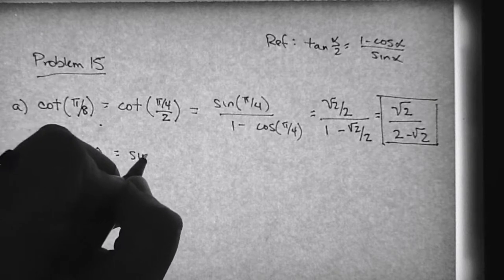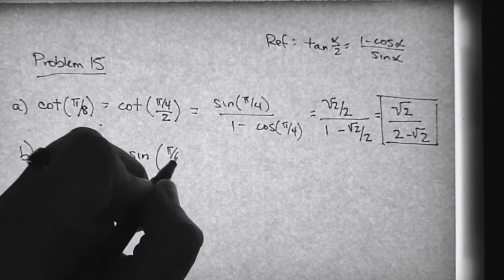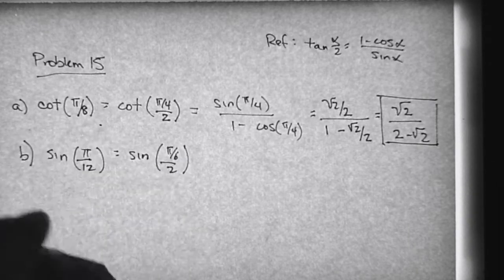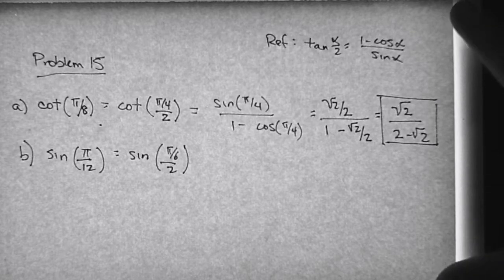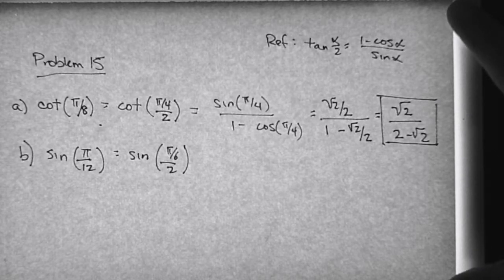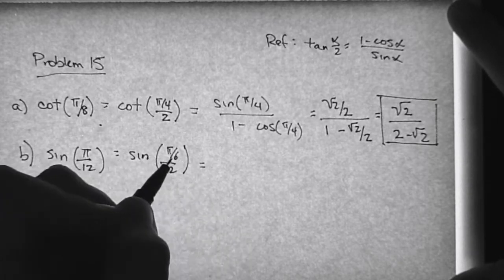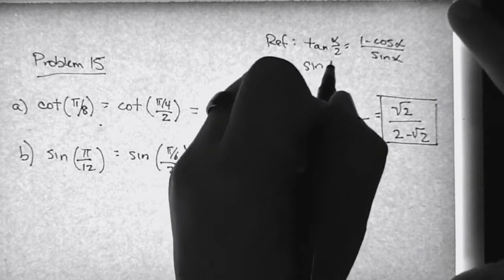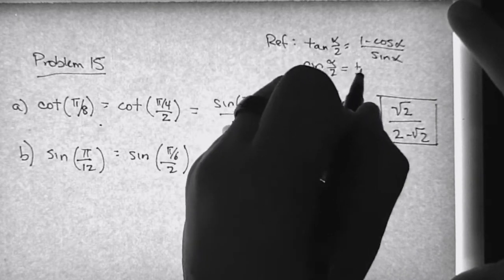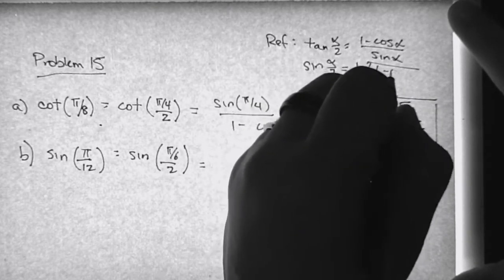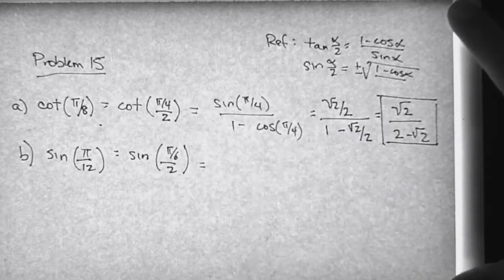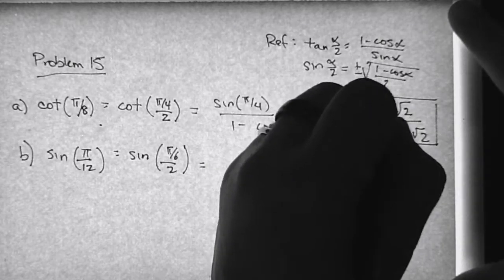Well, that's really the sine of pi over 6 over 2. So our reference says that sine of alpha over 2 is plus or minus the square root of 1 minus cosine alpha over 2.